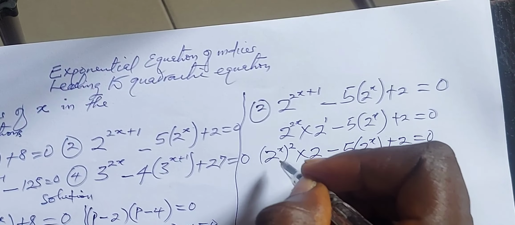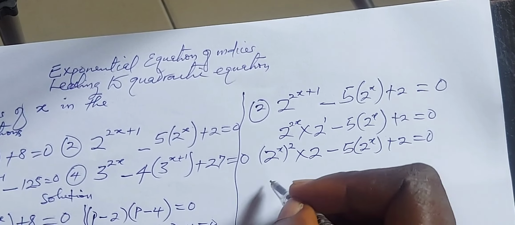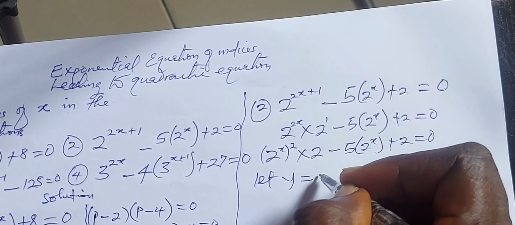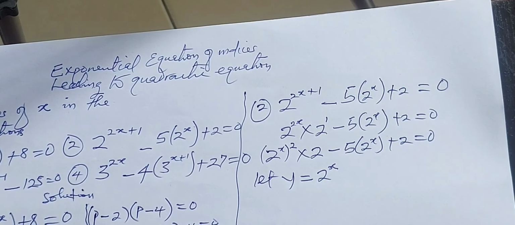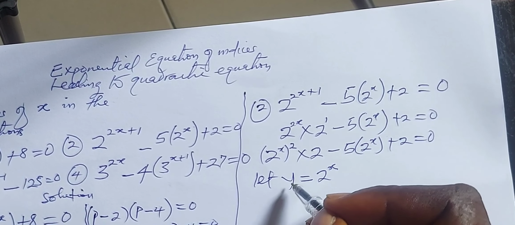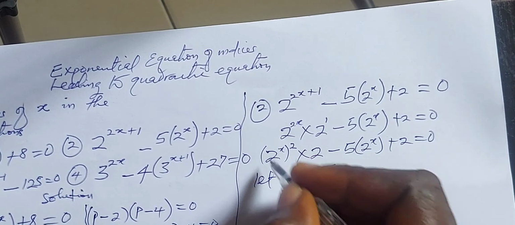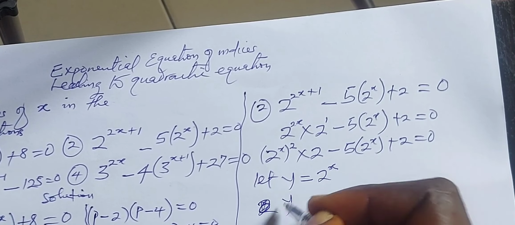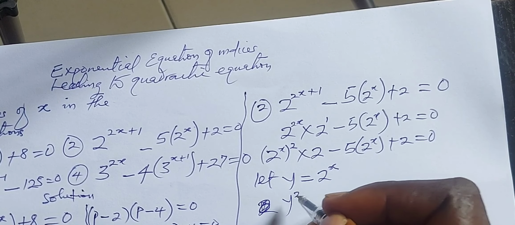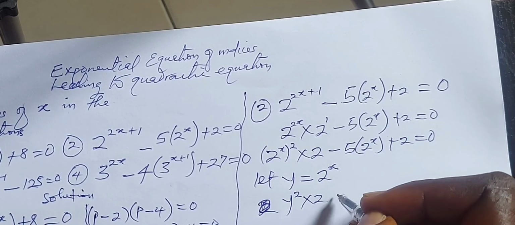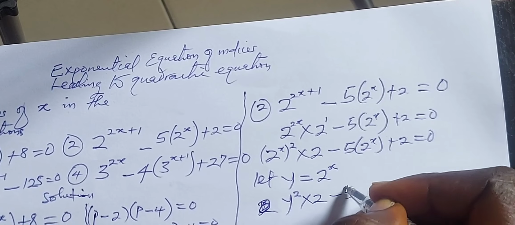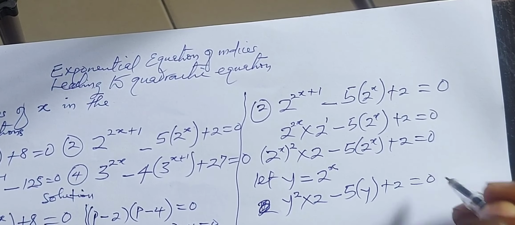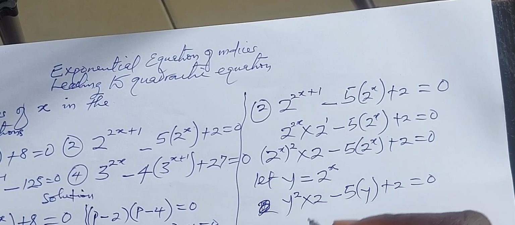So let's substitute 2 raised to the power of x with a value. Let y equal 2 raised to the power of x. So whenever we see 2 raised to the power of x, we substitute y. So in here now, we have y raised to the power of 2, that is y squared, multiplied by 2, minus 5 into y, plus 2 equals 0. So everything will be 2 multiplied by y squared.